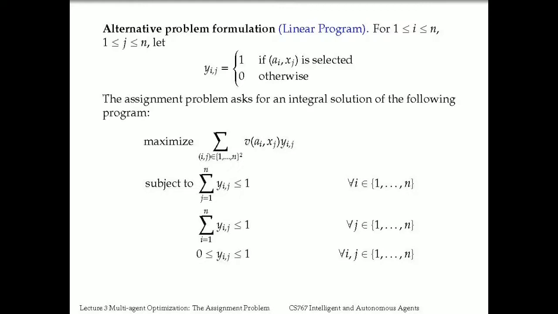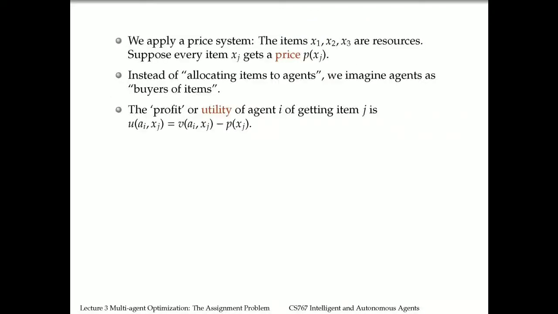But if we really view each variable as an agent, and each agent acts autonomously, then like what I said, I'm going to apply an economic paradigm to solve the problem. And this means that I would want to implement a price system.